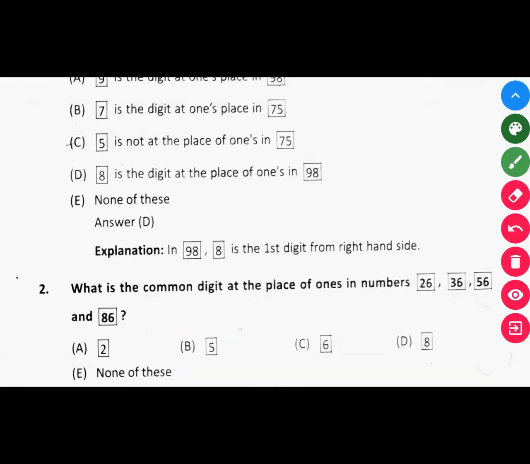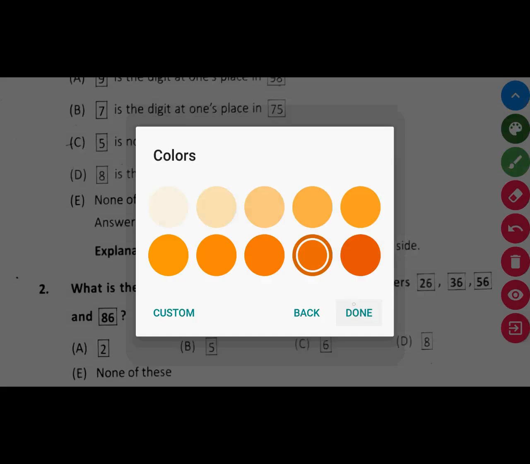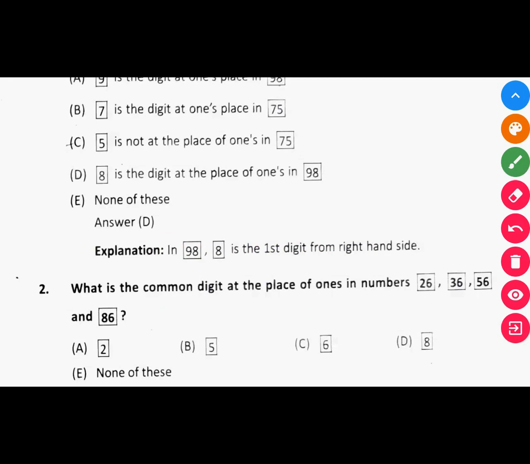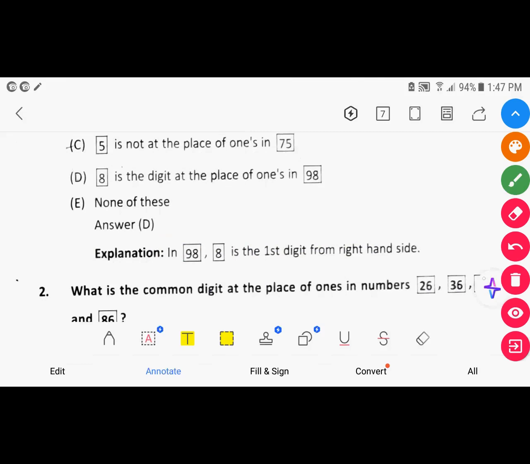What is the common digit at the place of ones in the numbers 26, 36, 56 and 86? So it is a simple question. Which number is at the unit place in the number 26?